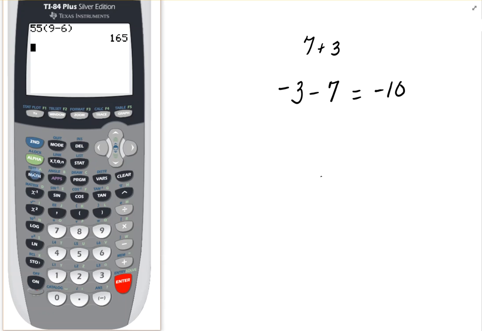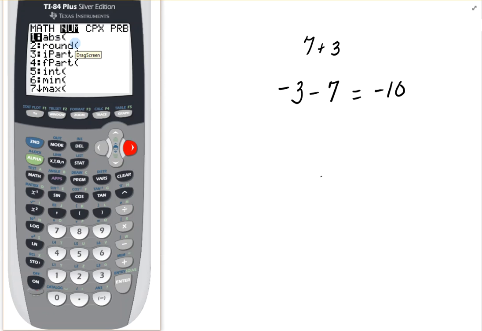Let's see. The math key we will use a good bit. The math key will change a decimal to a fraction to a decimal. It will cube things, it will take cube roots, it will take other roots, and we will talk about those as we need them. This second menu, it will take the absolute value, it will round.